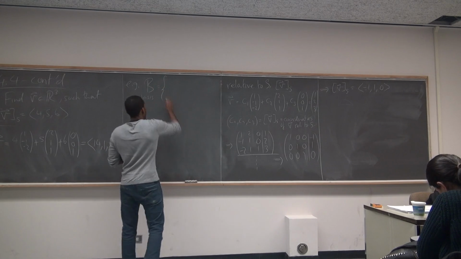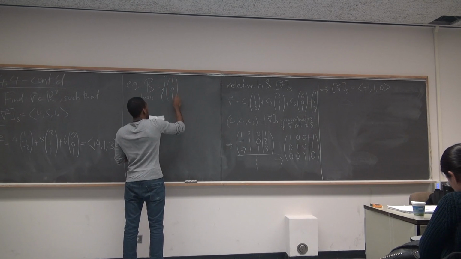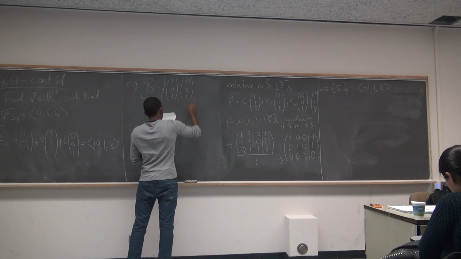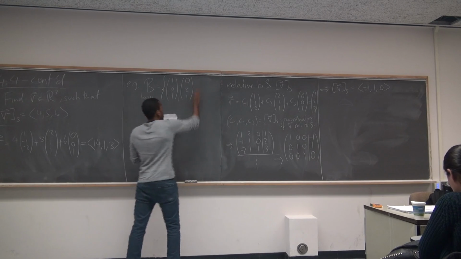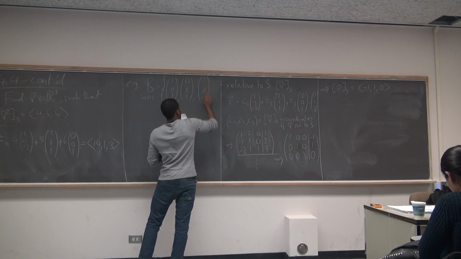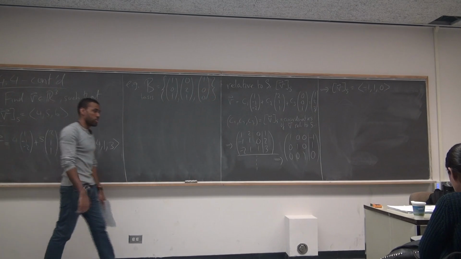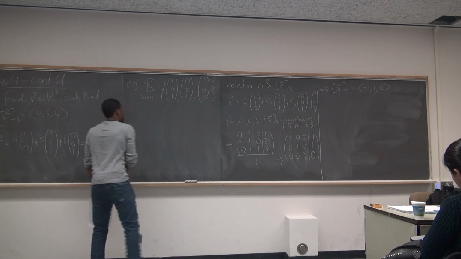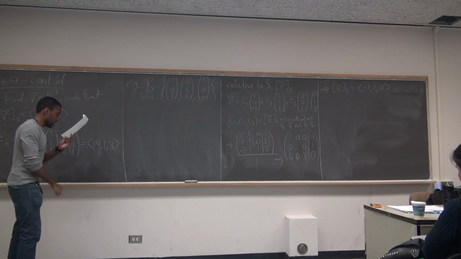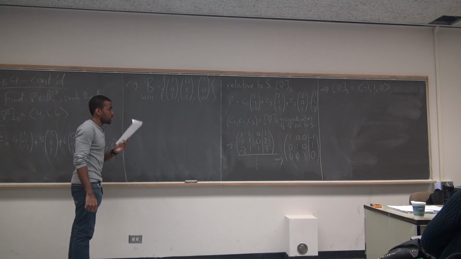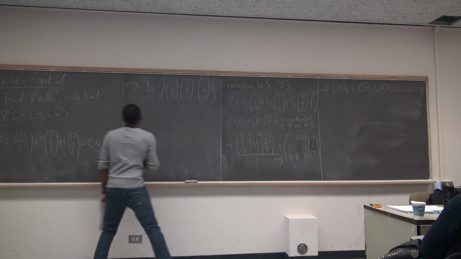Here's the new basis we're considering: (1, 0, 1), (0, 2, 1), (1, 0, 0). Take my word for it, it's linearly independent and it spans R3. And so that's a basis. Okay, so let's actually find, I want to compute the same vector.